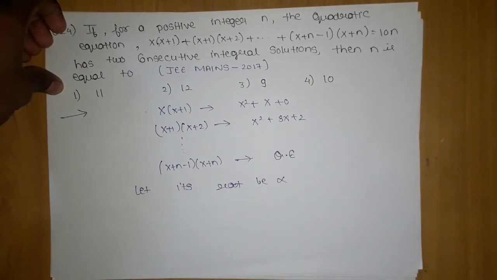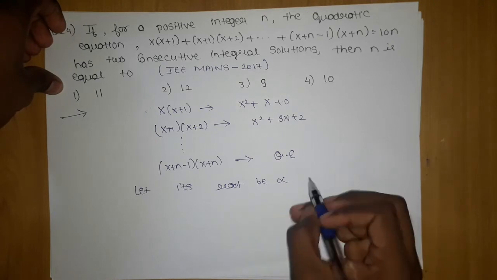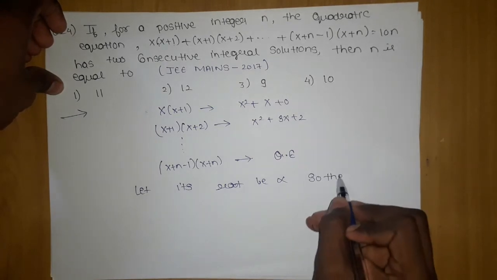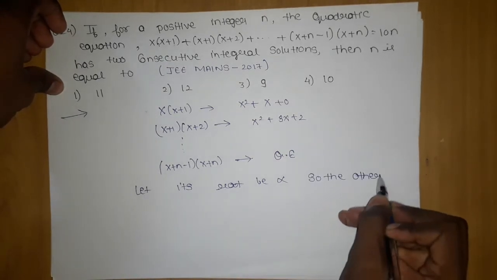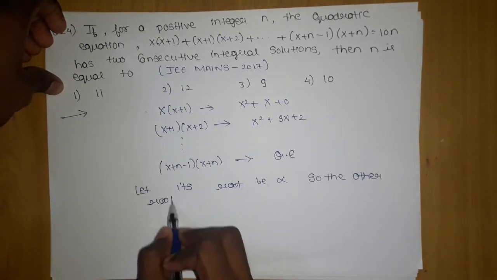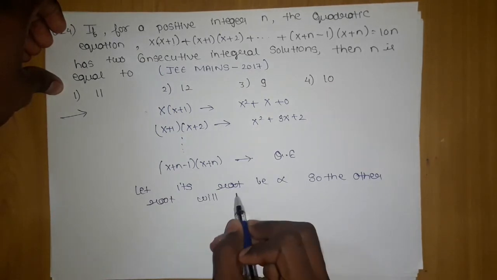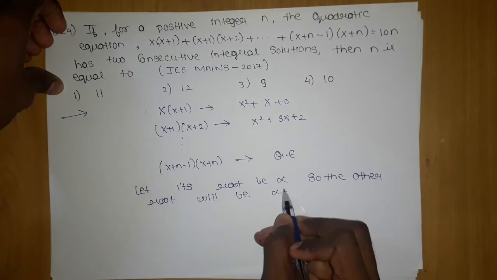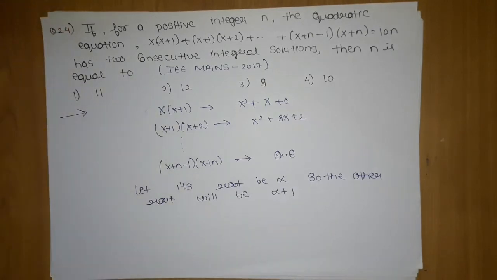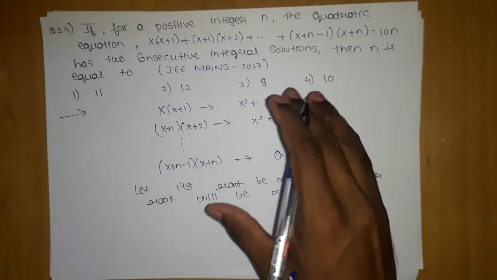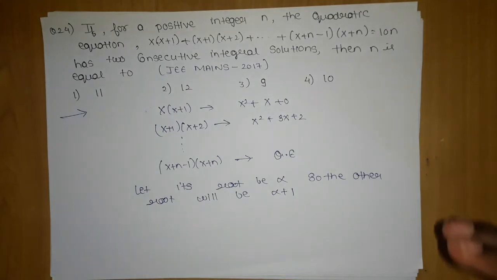If one root is alpha, and since they have mentioned that the roots are consecutive integers, the other root will be, since they are consecutive, alpha plus 1. Now I know my quadratic equation, this is the function which I have given, has roots alpha and alpha plus 1.